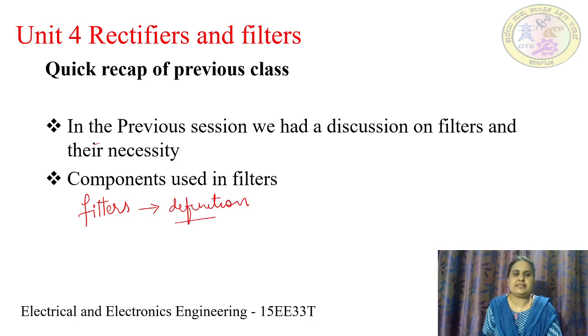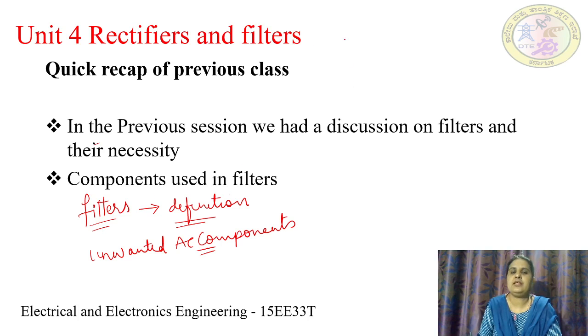What is a filter circuit? A filter is an electronic device or circuit which removes the unwanted AC components so as to give us a smooth DC. That was the definition of a filter circuit.